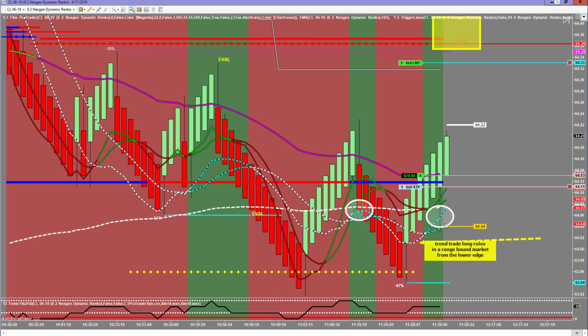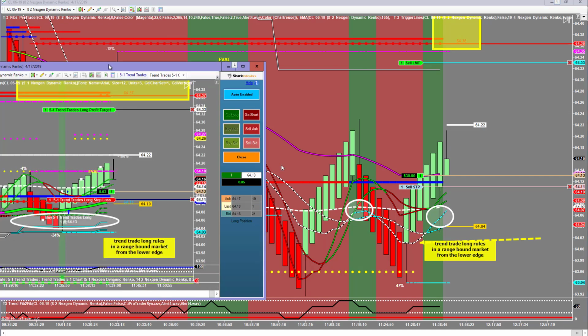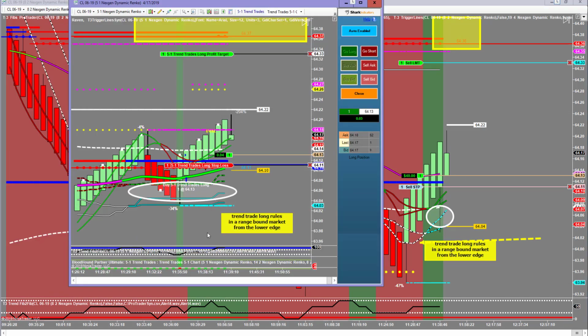Stay in your long at 07, so obviously a much better spot. I mean, this system gets in late, of course, but I think 06, 07 was the right spot. I mean, obviously that's why I did it the first time at 06.